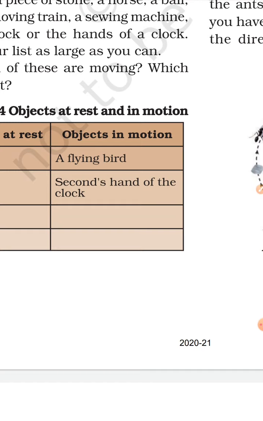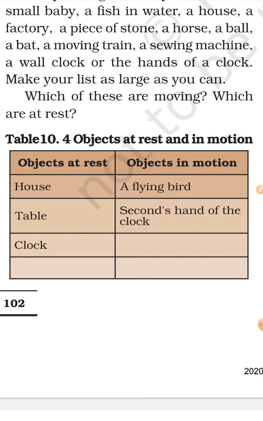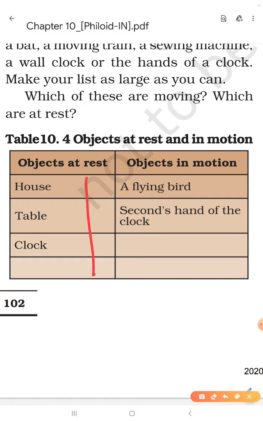We can see these objects, and we can say that these objects are in rest condition or in motion condition. In this picture you are able to see this.